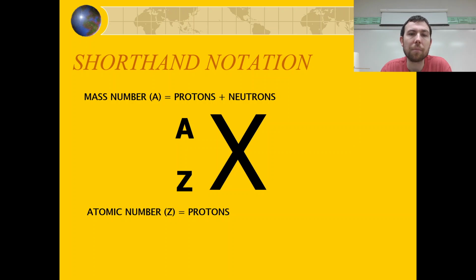That's going to tell you the number of protons present within your atom. And certainly from a nuclear chemistry perspective, that's a notation that is very common so that you can quickly identify mass number and atomic number so that you can use that information to determine protons, neutrons, and electrons within a given atom.